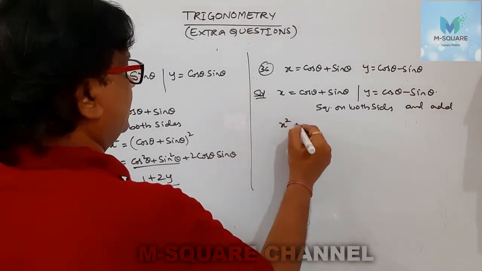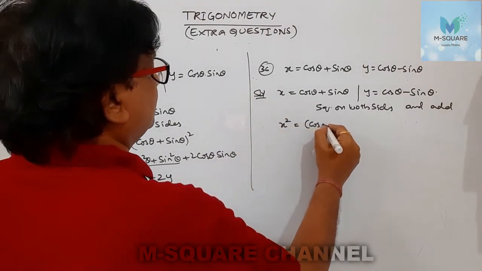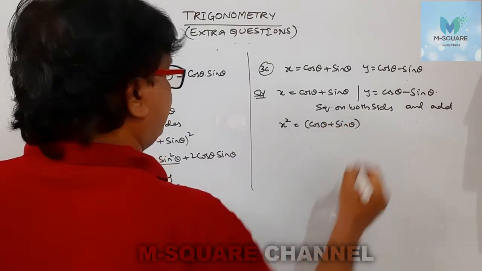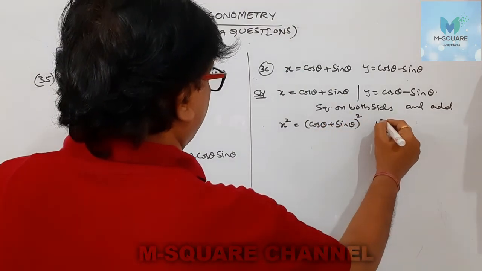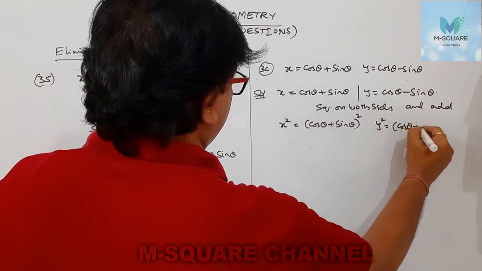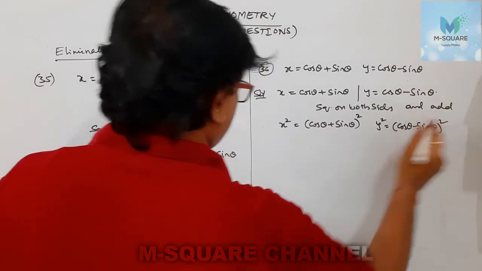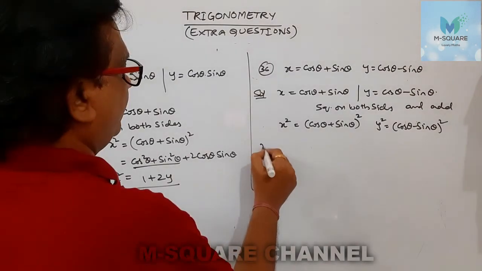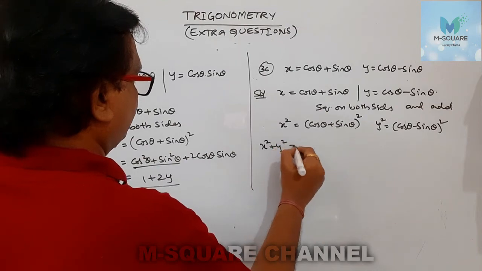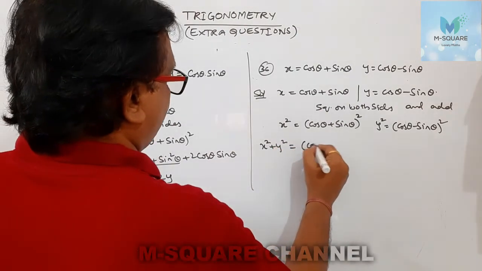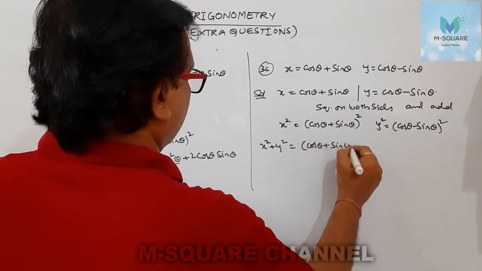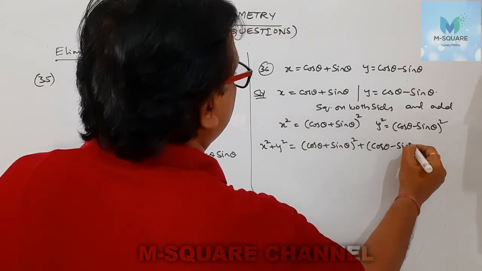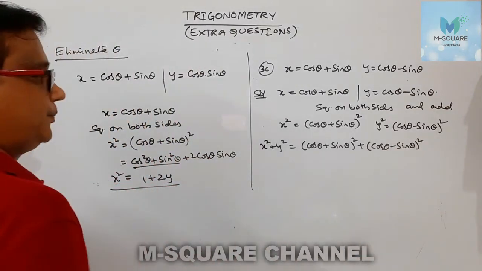So x square equal to cos theta plus sin theta whole square, y square equal to cos theta minus sin theta whole square. If we are adding, x square plus y square equal to cos theta plus sin theta whole square plus cos theta minus sin theta whole square.